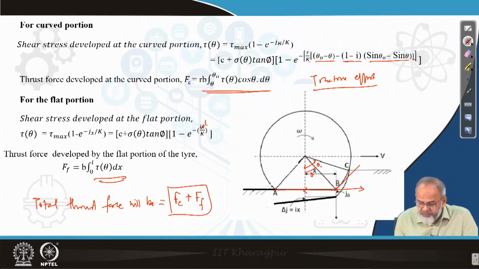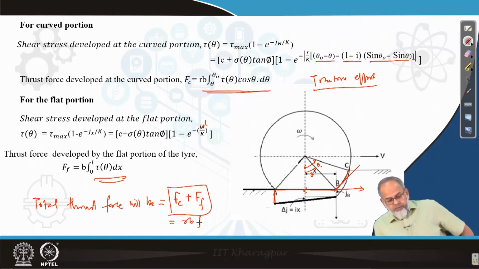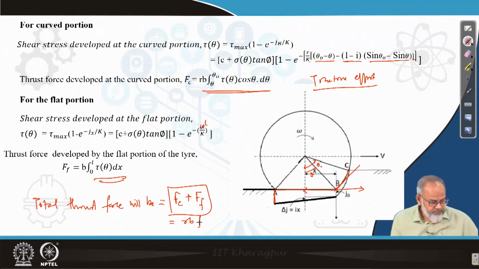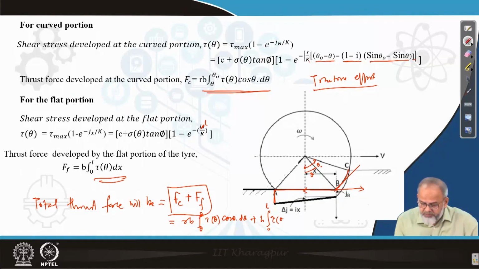Up to this point we are considering from C to B and B to A. So, finally, the total thrust force will be R b tau theta into cos theta d theta, integrated from theta to theta 0, plus b into the integral from 0 to L of tau theta dx. This will be the final expression.